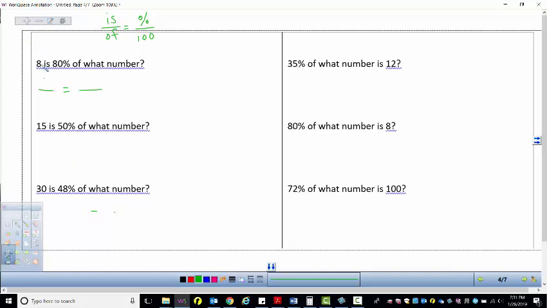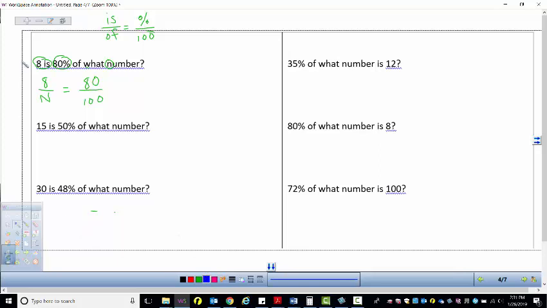So our sentence starts with 8 is, that's the is that goes in the top. 80%, that's a percent, so that goes over on the right. Underneath 80 is always the 100, it's always on the bottom of the percent. And it says of what number? That's a question, so we don't know the number. So I'm going to put the letter N there for number.